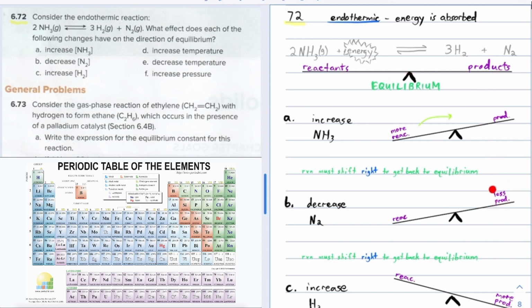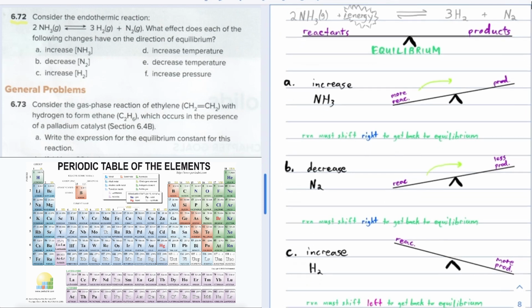That's going to lighten up the load over here, and the balance beam would be tilted this way. To get back to equilibrium, you need to take some of this reactant material and form more product, and that would put it back in balance. And so decreasing N2 causes the reaction to shift to the right again to get back to equilibrium.